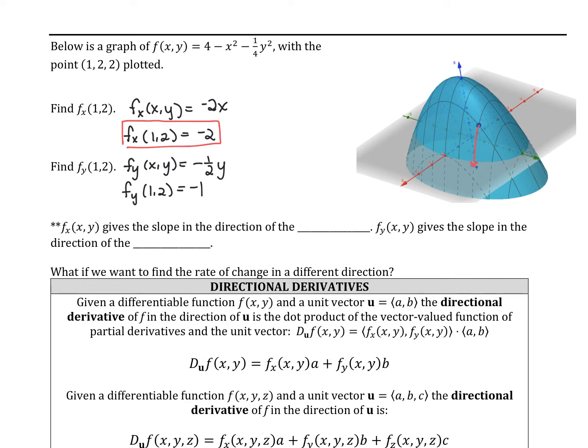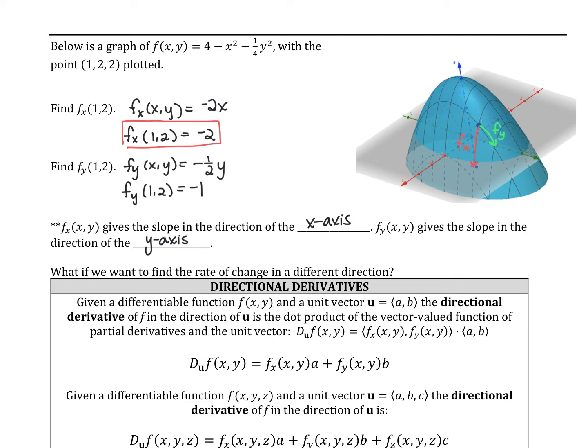So this gives us the slope in the direction of the x-axis. And for the partial derivative with respect to y, this slope would be in the direction of the y-axis. So in the direction of the y-axis, that slope coming off the point (1, 2, 2) is negative 1.